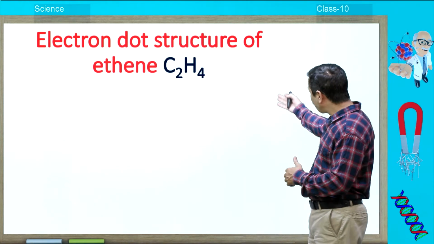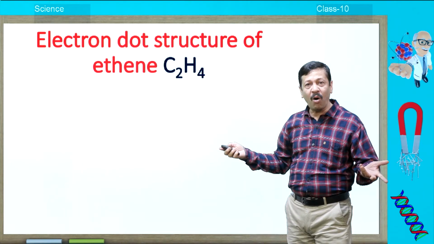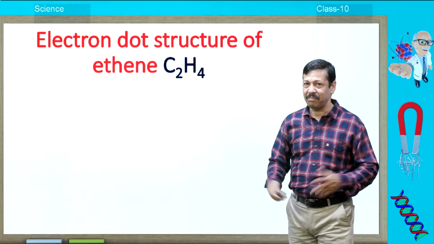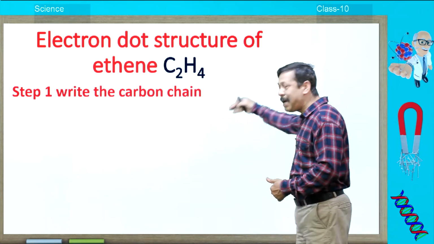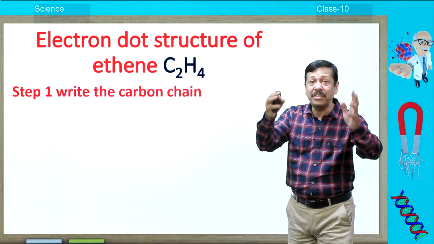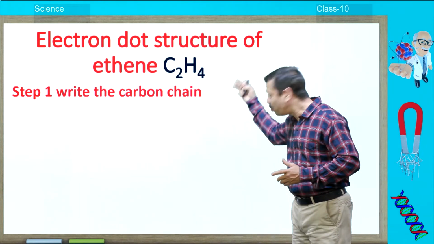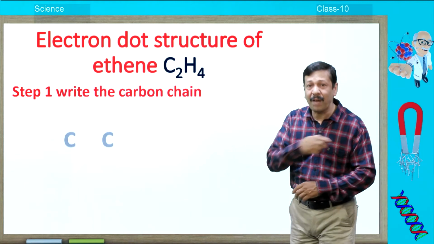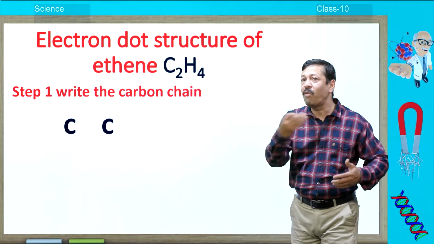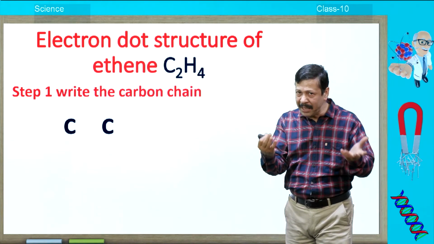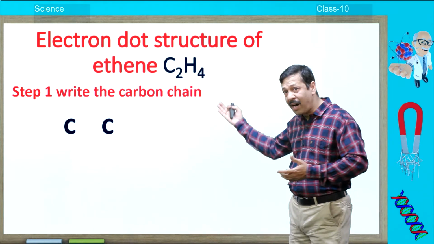Now this is the electron dot structure of what? Ethene, means double bond. How to write this one? In the first step, you have to write the carbon chain. How many carbons are there? 2 carbons. So write 2 carbons first. Yes, I think you are practicing along with me. Are you following me? I hope you are.